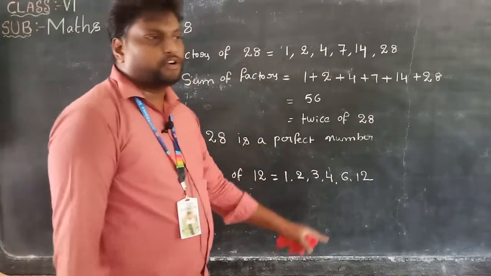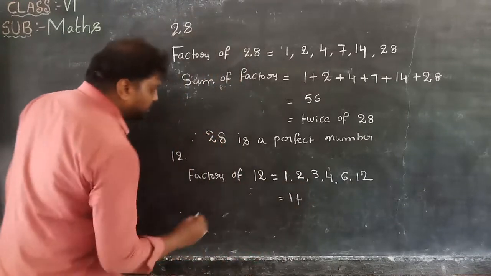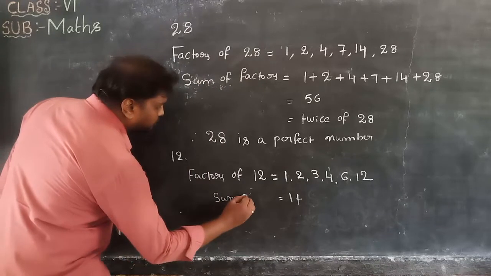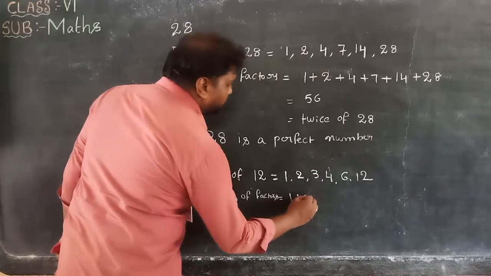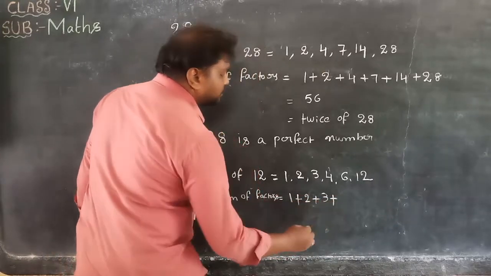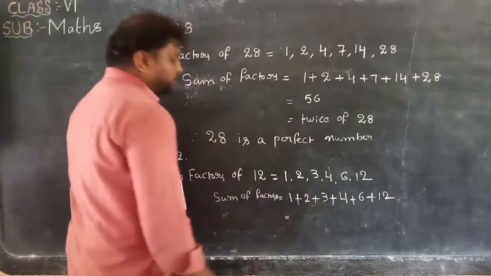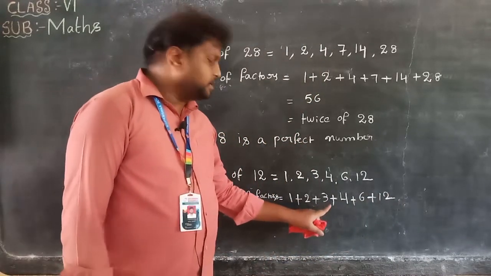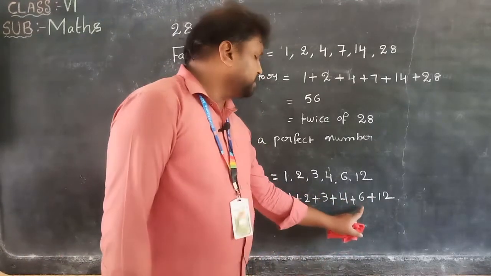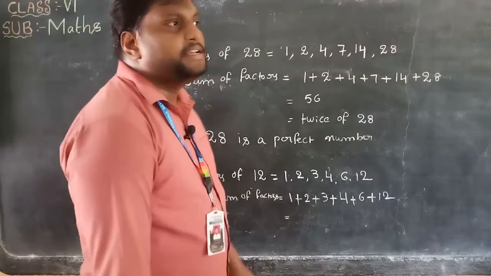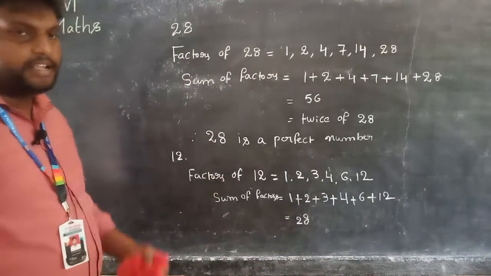The sum of factors is 1 plus 2 plus 3 plus 4 plus 6 plus 12. 1 plus 2 is 3, 3 plus 3 is 6, 6 plus 4 is 10, 10 plus 6 is 16, 16 plus 12 is 28.